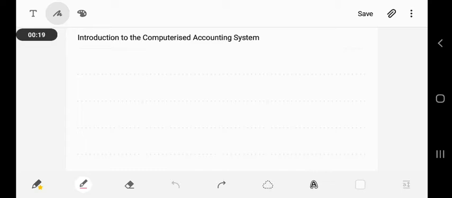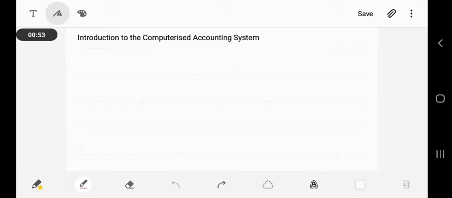I'm here to explain the concepts of the computerized accounting system as part of your fourth unit for first year MCA students. What is a computerized accounting system? By now, being Masters in Computer Applications, you know the importance and the beauty of a computer, and also what accounting and an accounting system are.